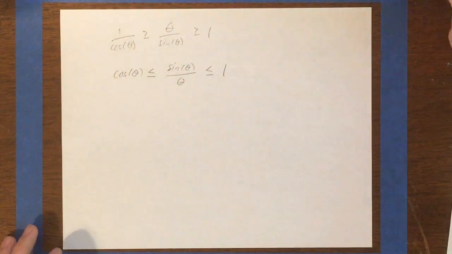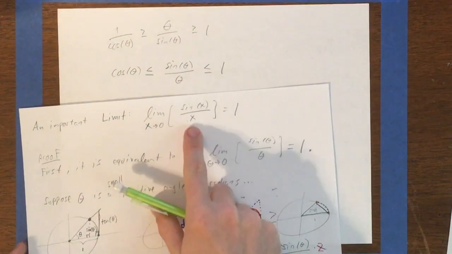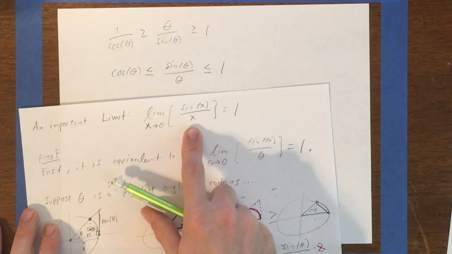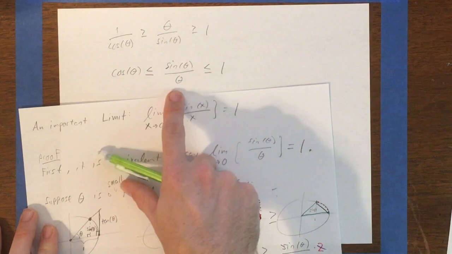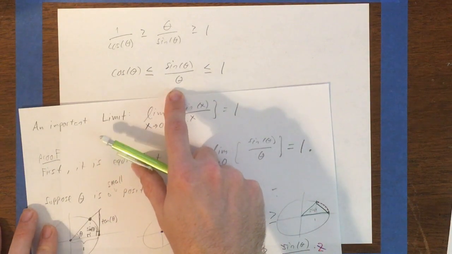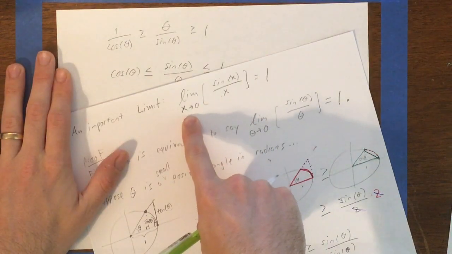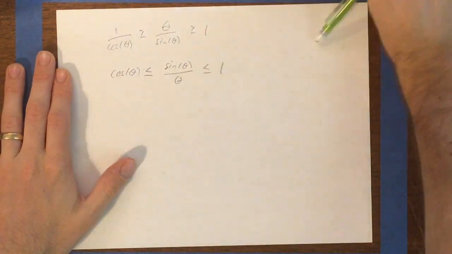And now I think you can see we're getting close to what we want. Because remember, we want to know the limit of sine of x over x, right? And now that we've flipped this upside down, we have basically sine of x over x. So let's examine the limit as x approaches 0 of the functions on the left and the right.